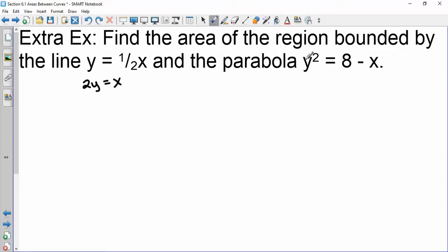This one, if you add over your x and subtract over your y squared, x equals 8 minus y squared. So if I want to figure out where they meet, we set those equal.